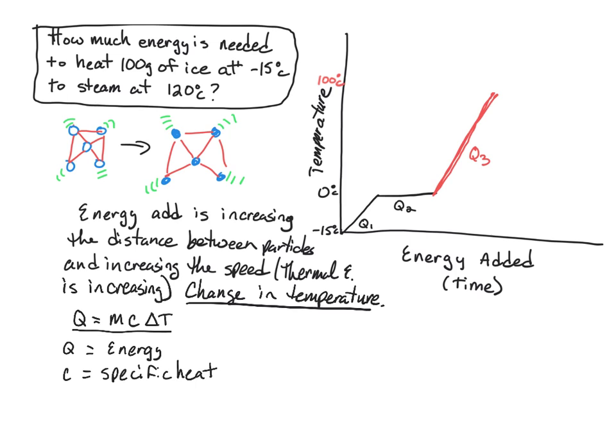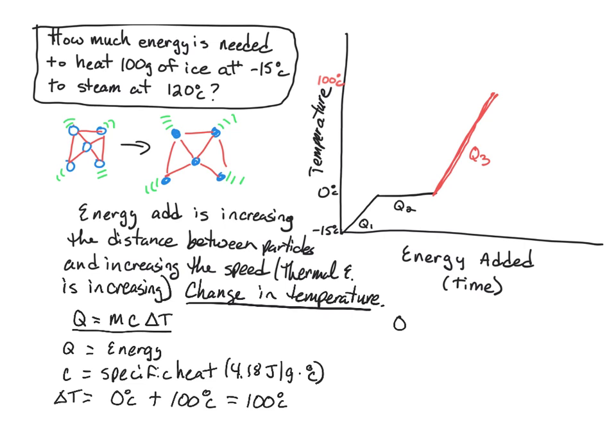So the specific heat of water is 4.18 joules per gram per degree Celsius. And that will always be given to you in the question. My delta T here, or the change in temperature, we're going from 0 degrees Celsius to 100 degrees Celsius. So my delta T is going to be equal to 100. It's changing 100 degrees Celsius.